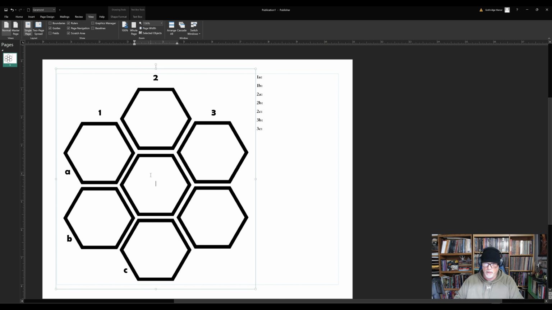Now from the map, I'm sure you can see numbers are going vertically, and the letters are going horizontally up at an angle. With this few hexes, it's easy to do it this way. When you start getting a large amount of hexes, then you may want to number each hex.